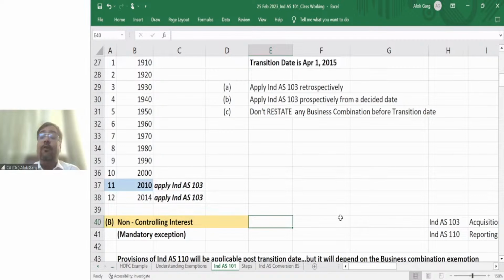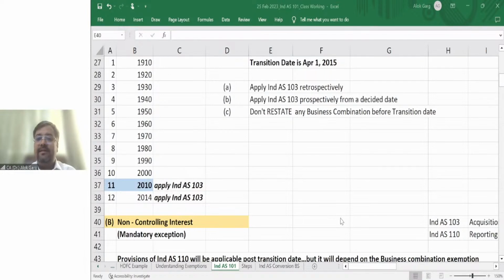Let me tell you. Friends, first of all, what is the big difference between AS 21, the IGAAP consolidation standard, versus Ind AS 110, which is the Ind AS consolidation standard? What is the difference?